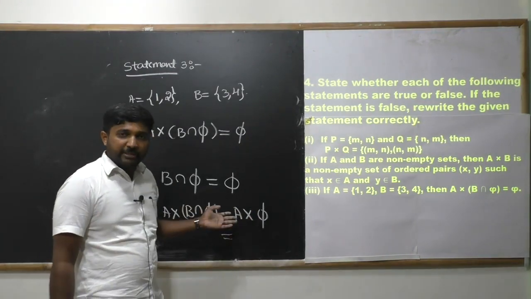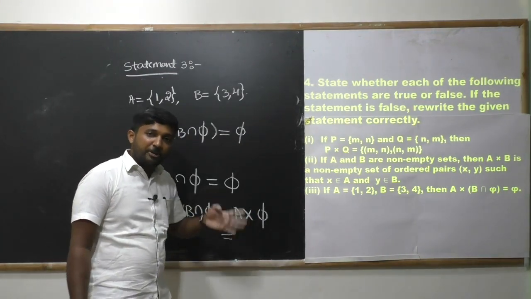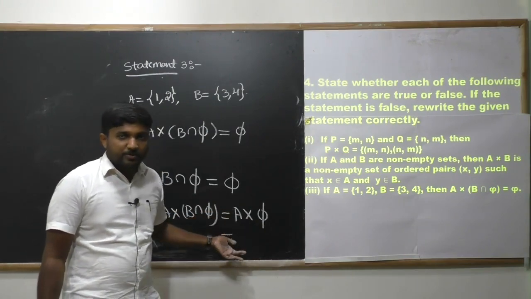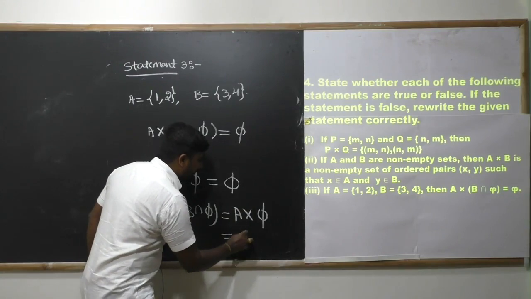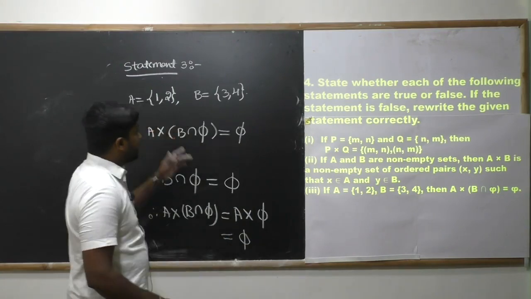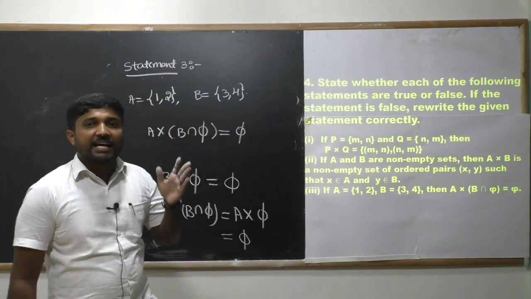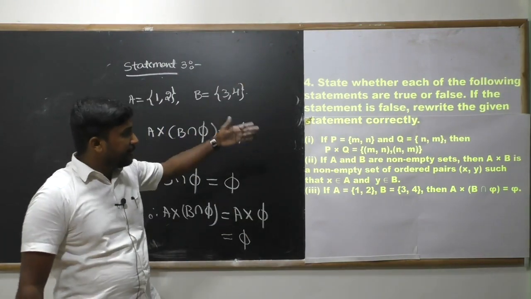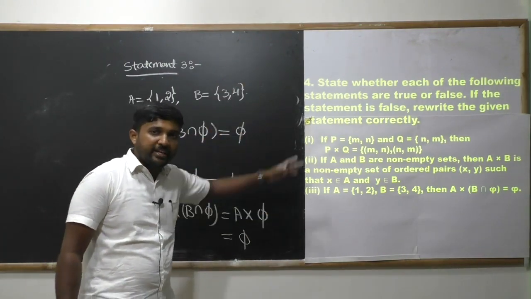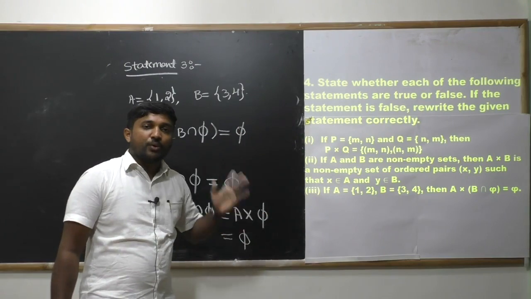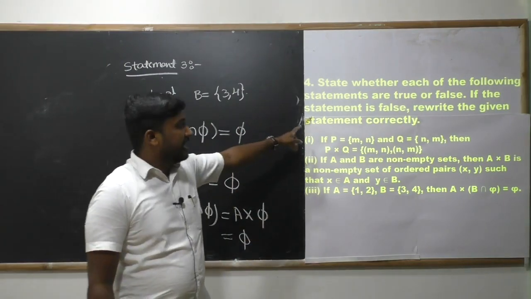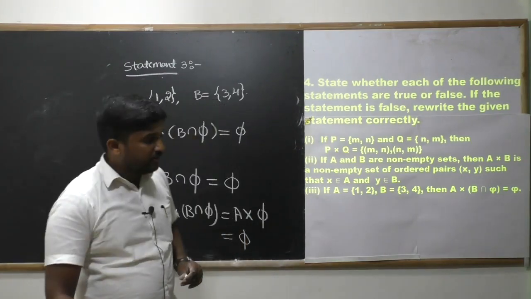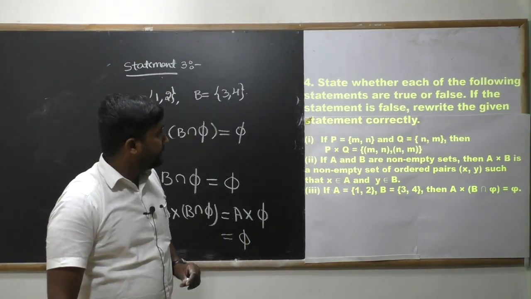In the remark I mentioned, if either set A or B is null set, then A cross B is null set. So here A cross null set is null set. Therefore, statement 3 is correct. Among statements 1, 2 and 3, only statement 1 is false, and we have written the correct statement for statement 1. Okay, take the next problem.